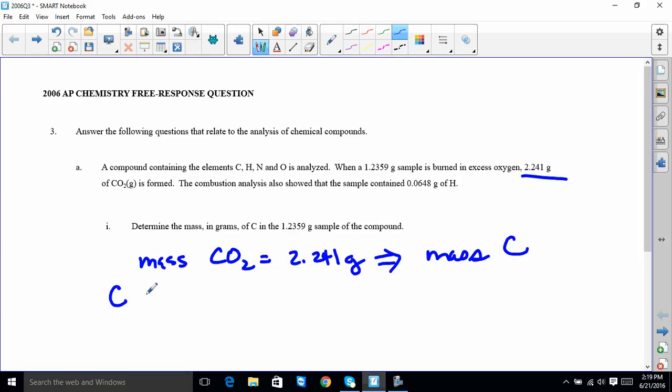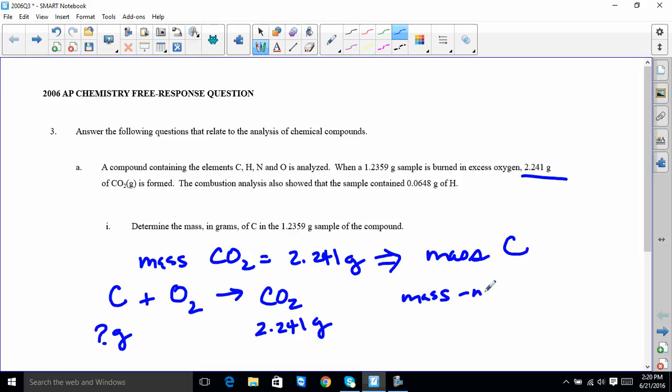But if you're going to make carbon dioxide from carbon and oxygen, carbon is C, oxygen is diatomic, carbon dioxide is this. And so the question is, if you have 2.241 grams of this, how much of this would you need to start with? The simplest way to do this is to think of this as a mass-mass stoichiometry problem.